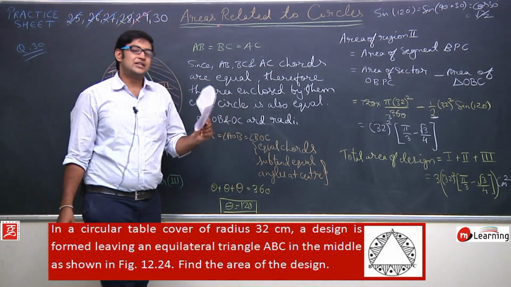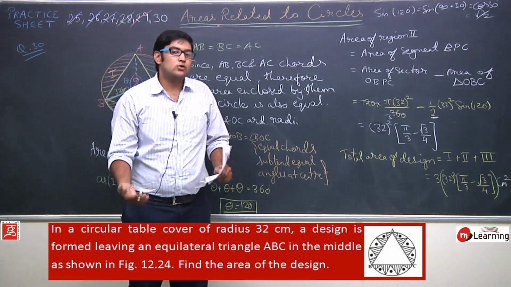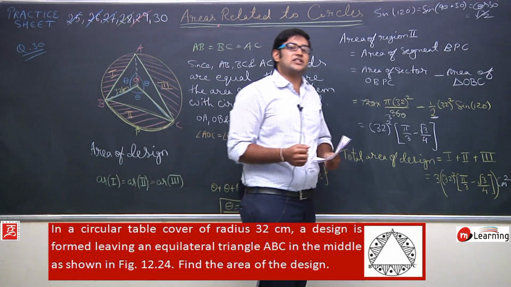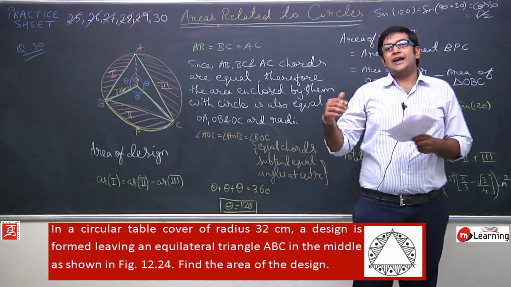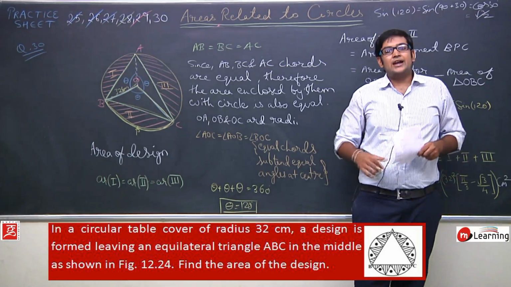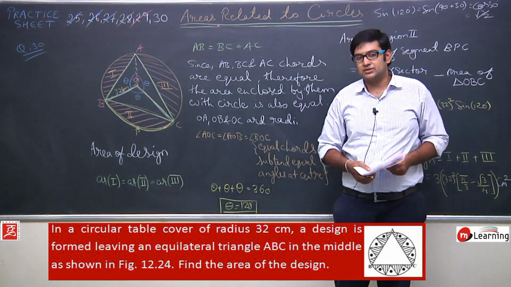So you can see this question is not at all difficult. You only need to analyze how to apply the area of sector and area of segment. In most questions in this chapter, we have applied either the area of sector, the area of segment, or both, and some properties of circles, squares and parallelograms.